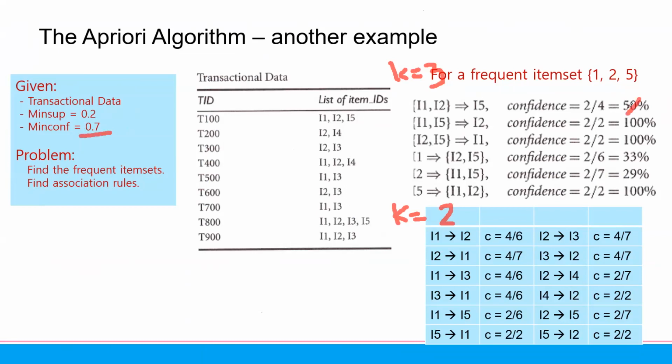Okay, this is not, this is not, this is not. Okay, so the confidence 0.7. No, no, no. So most of the confidence in this one is okay. This one okay. This one okay. So only 3 when K equals to 2, and there are 2 when K equals to 3.